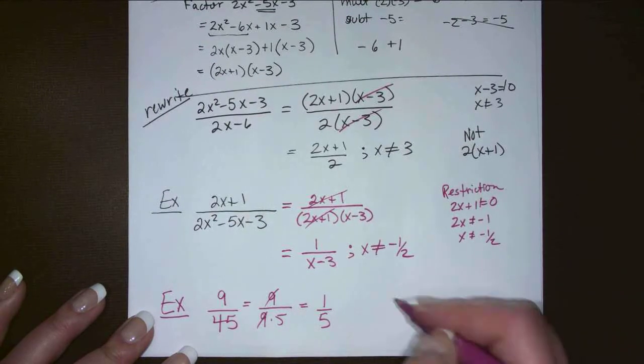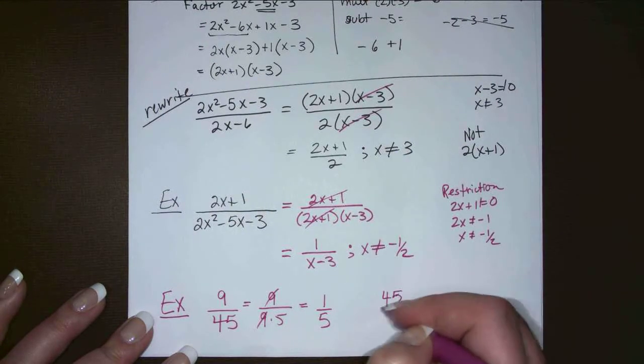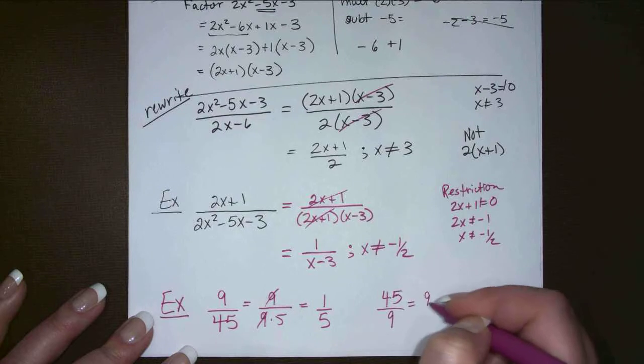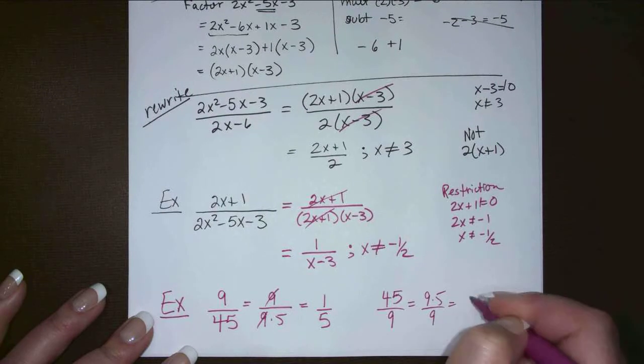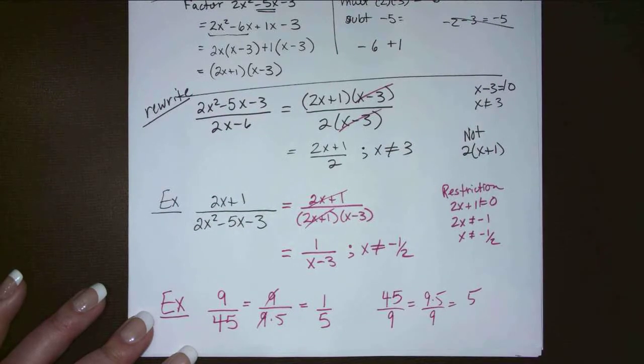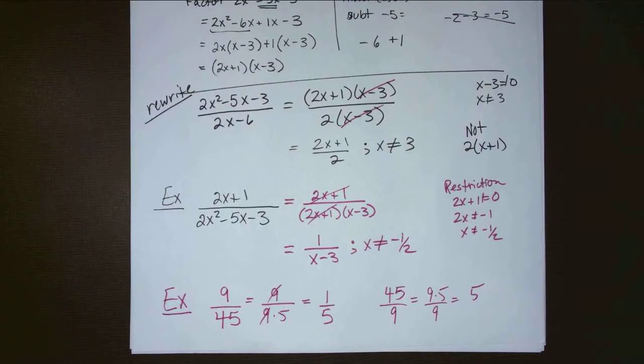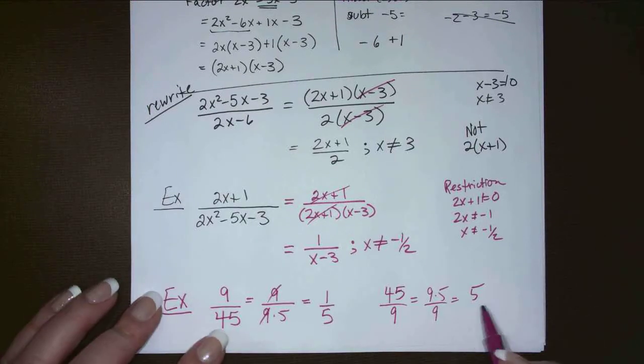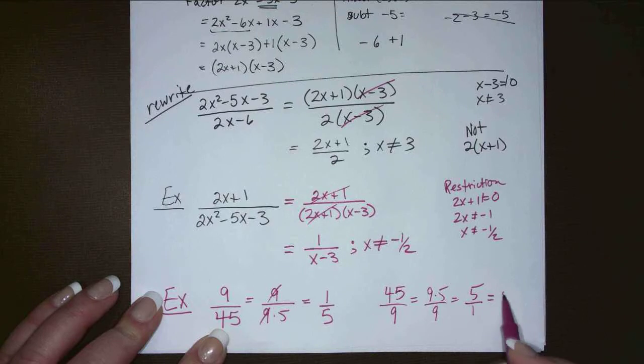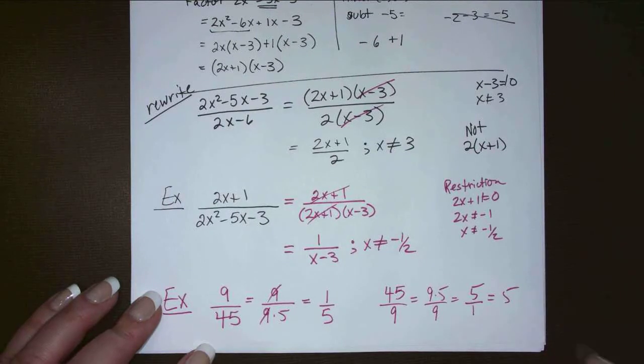And what if it were the other way around, 45 over 9? It is just 5. Right? 9 goes into 45 5 times. So you can have the whole numerator or whole denominator, the whole top or bottom cancel, but you have to remember to put a 1. Do we need a 1 here? No, you could. It's not wrong, but anything divided by 1 is just itself.